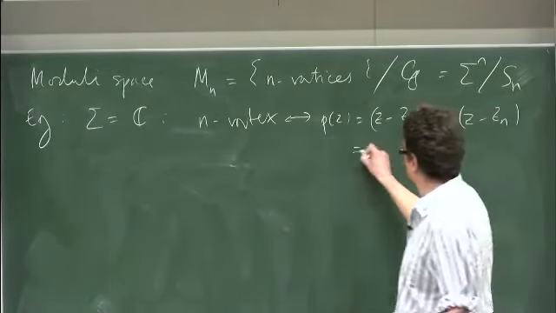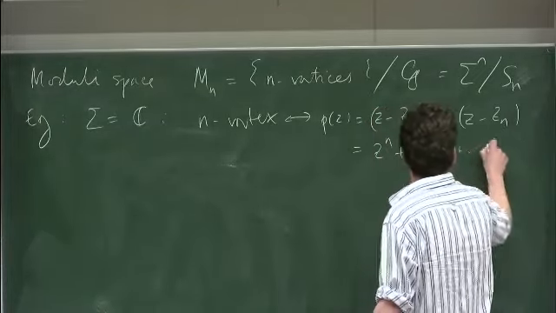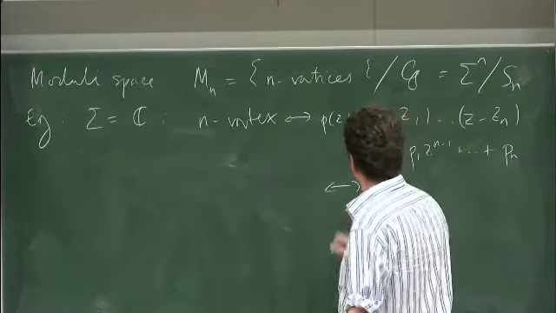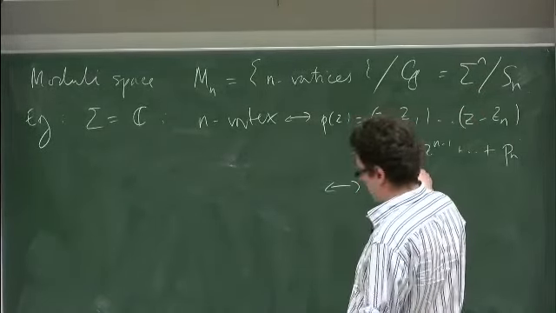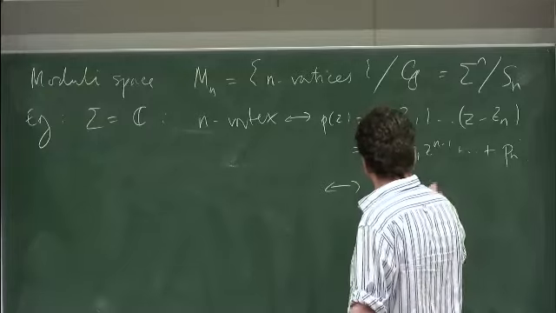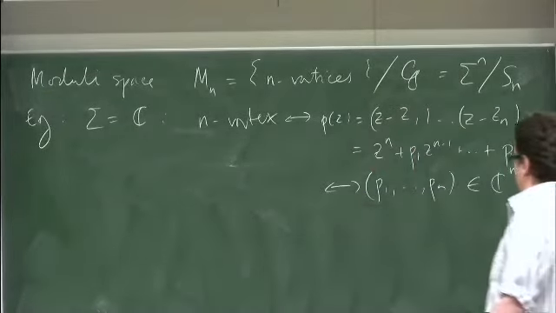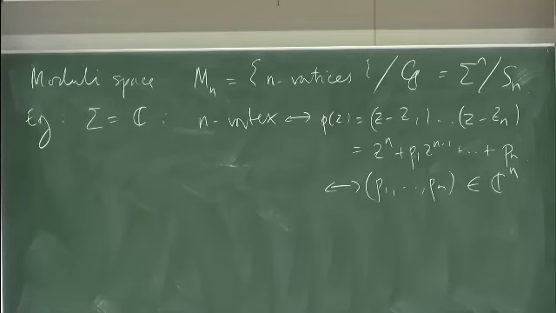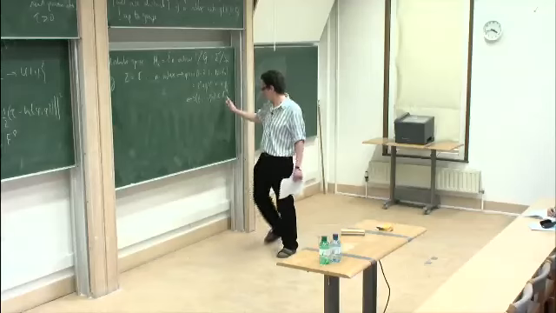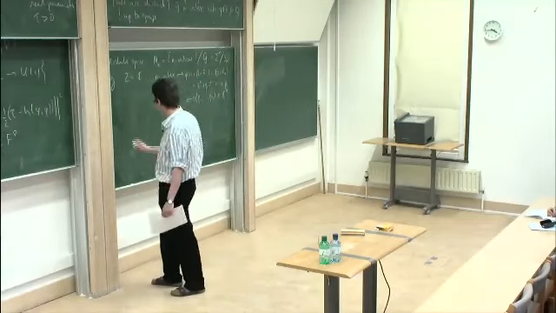I can then expand it out, collect the coefficients, and identify this polynomial by the vector given by its coefficients. So in this case, the moduli space is as simple as it could possibly be. It's just n-dimensional complex Euclidean space, topologically.